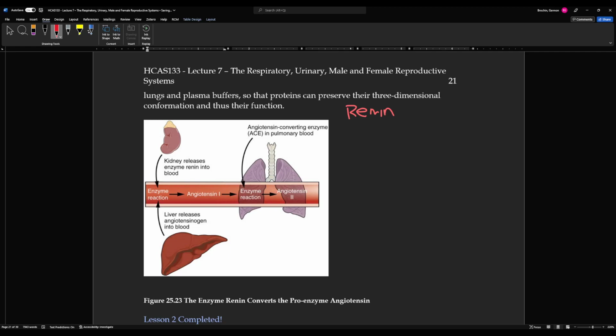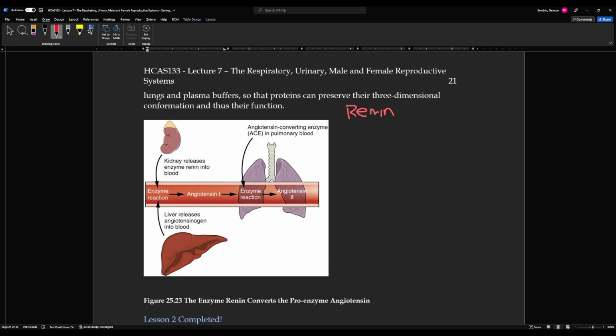So the juxtaglomerular cells will detect that blood volume has dropped, or blood pressure has dropped below a certain point. And this is because if you're losing blood volume, you will actually lose blood pressure because there's less substance within the vasculature, which means there's less stuff pushing on the walls of the vasculature, which is blood pressure. So blood pressure drops.